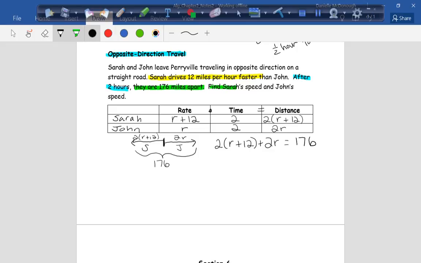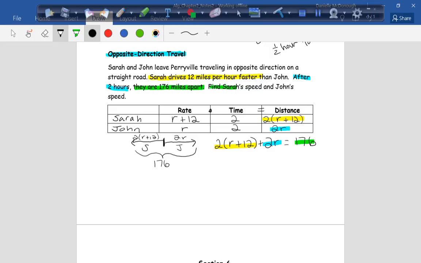So what I did here, I took Sarah's distance plus John's distance, and that's equal to the total distance that they gave me.